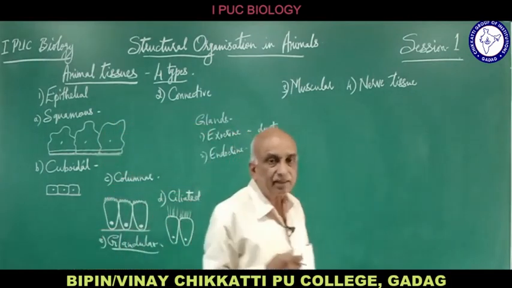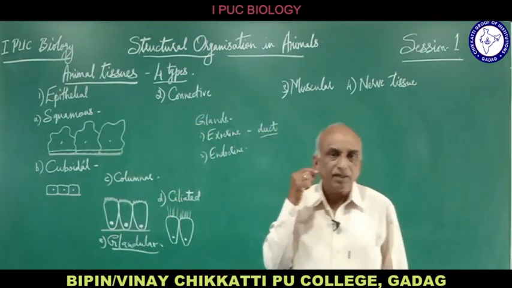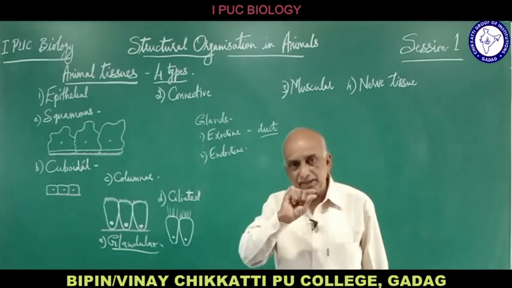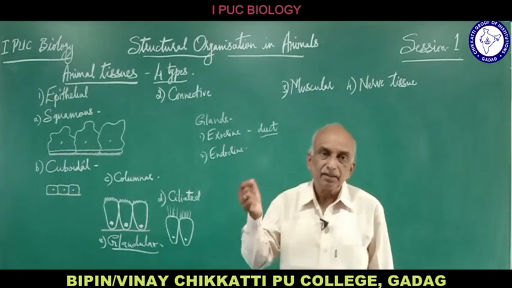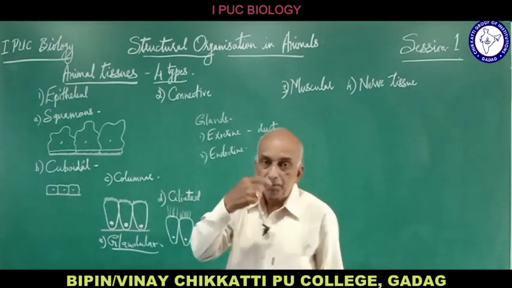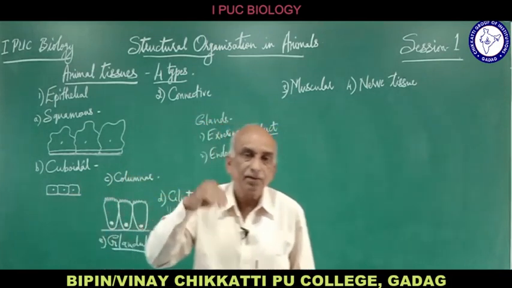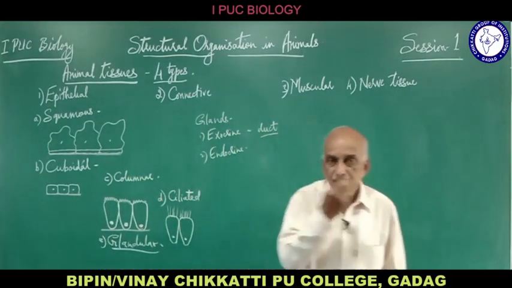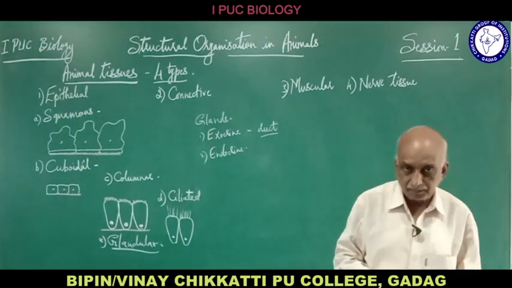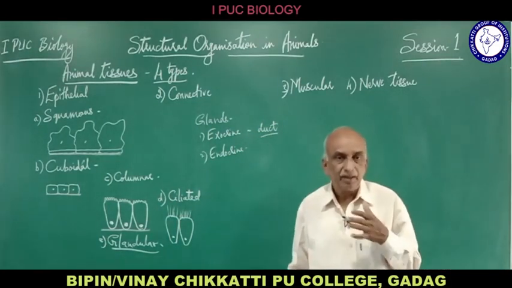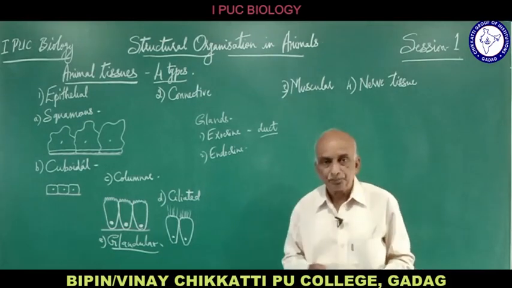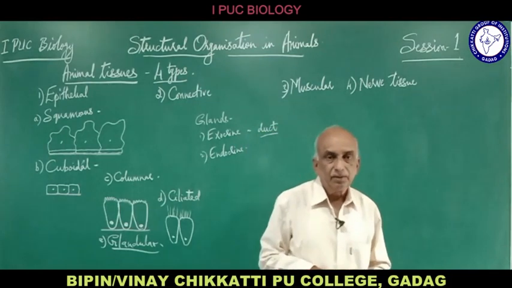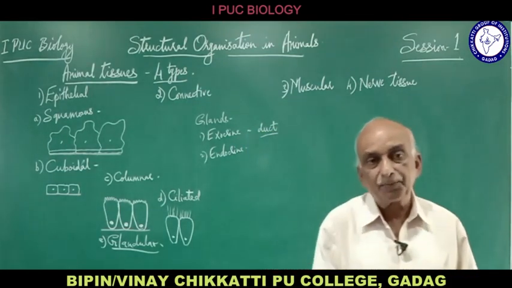Our salivary glands are exocrine. Our salivary glands, which are present in the mouth cavity, whatever they produce is carried by the duct, and that duct opens into our mouth cavity where the saliva is released. Even the sweat gland, which secretes sweat on our skin.